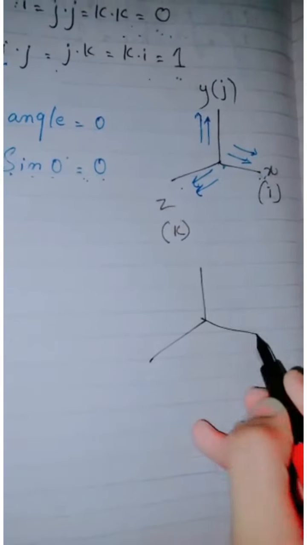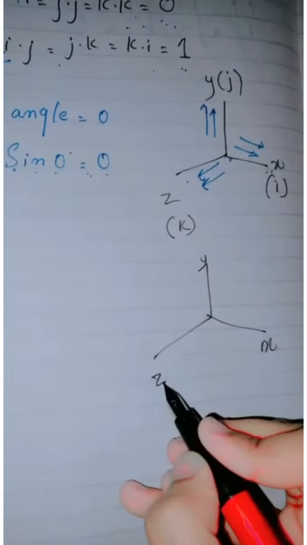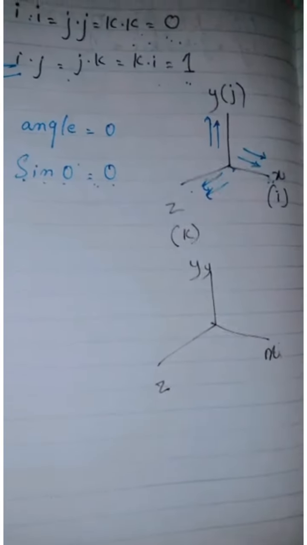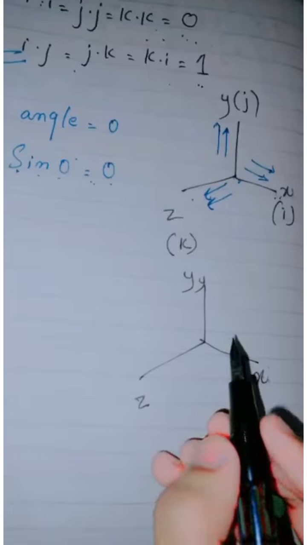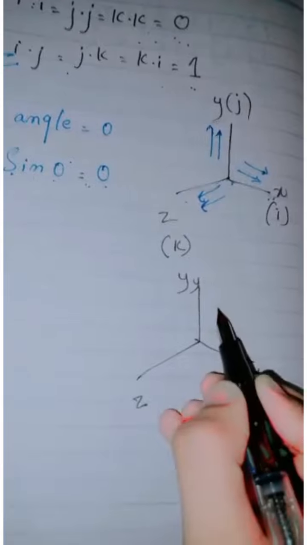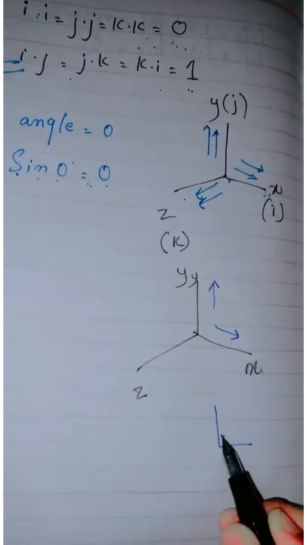Now if we talk about this, x, y and z, these are three dimensions. Now there are two vectors, one is i on x-axis and one is j on y-axis, so the angle will be 90 degree.